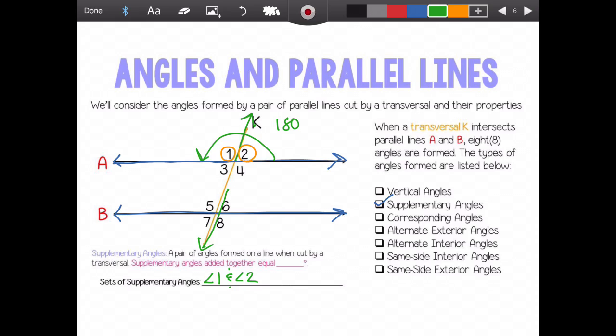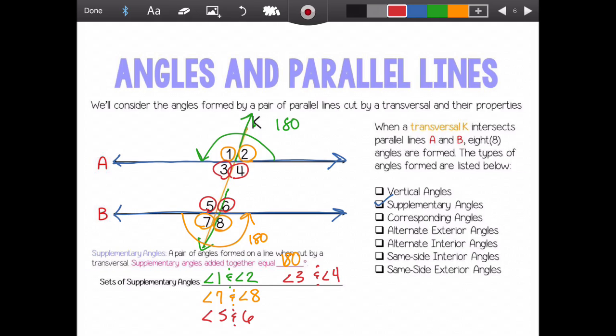So an example of these supplementary angles would be angle 7 and angle 8 because they're on that straight line, and we know that no matter what, this straight line is equal to 180. So angle 7 and angle 8 are also supplementary angles because if we add them together, on your notes page, supplementary angles added together should equal 180 degrees. So there's several different pairs here. There's also supplementary angles 5 and 6, and then again 3 and 4.